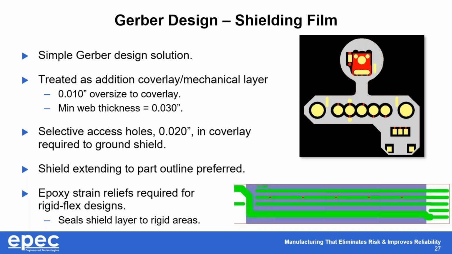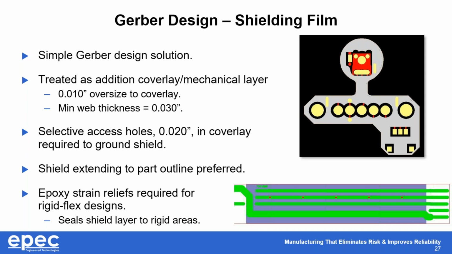And then at the end of the process, when we go back in to cut out the part outline, either laser cutting or punch and die or whatever the solution is, we'll actually cut through the shield, through the cover lays, through the flex core material itself, all in one pass to give you a perfectly lined up edge on all of the materials for the part outline.